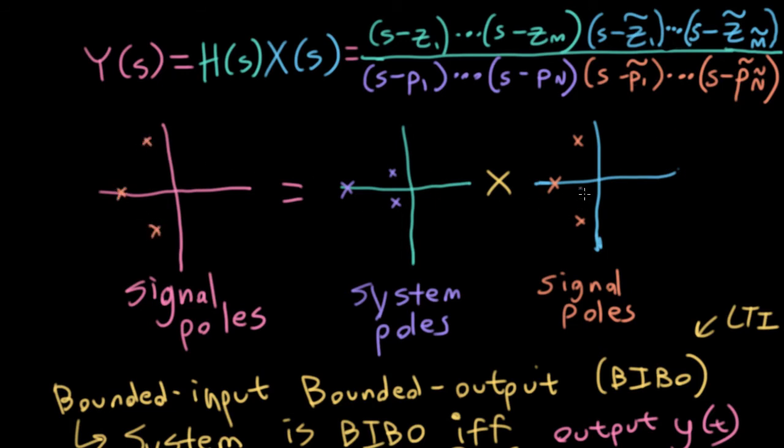Well, if I multiply these things together, I'll have the poles associated with the signal going in, and I'll have the poles associated with the transfer function. This isn't terribly well to scale. And notice I'm assuming here that these have not landed on top of each other. So I'll get some terms with various decaying exponentials or decaying sinusoids.